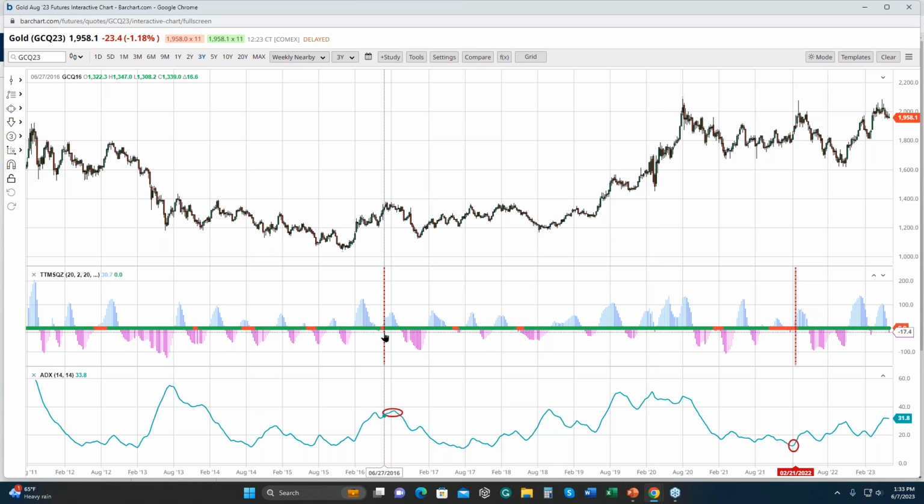Now let's go back and look at this squeeze here. Again, here we have a squeeze setup that gave us a long trade, but our ADX is high in its range, which means that even though the squeeze was created, it is actually in a trending market. In other words, maybe the energy that has been driving the trend has already been released.